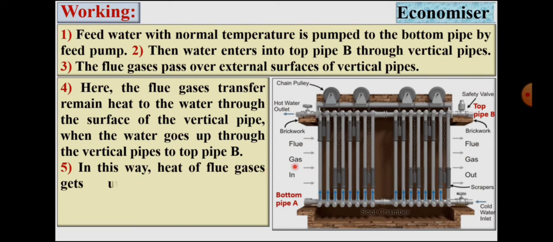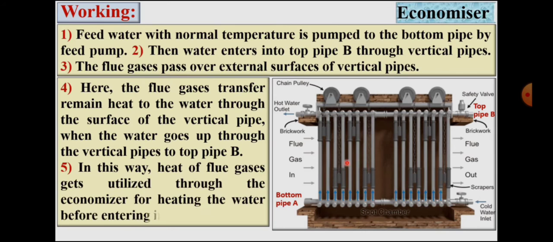In this way, the heat of the flue gases is utilized to heat the water before it enters the boiler. So ultimately you can say the economizer is used to convert normal or cold water into hot water.